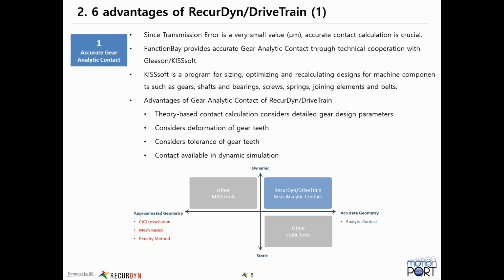It also takes into account the deformation of the gear teeth and the tolerance of the gear teeth as well. And again, we're making this contact available within the dynamic solution of RecurDyn.